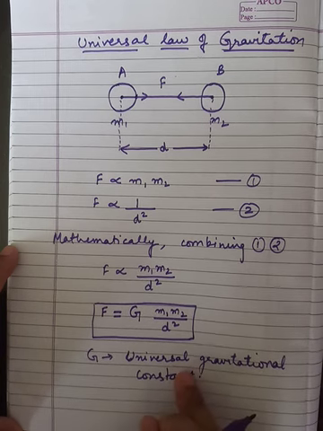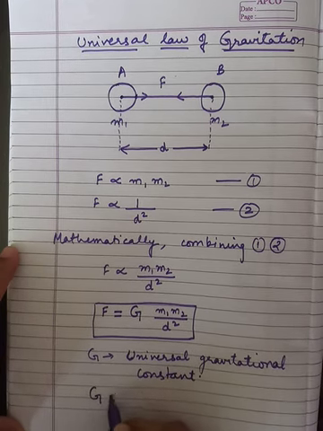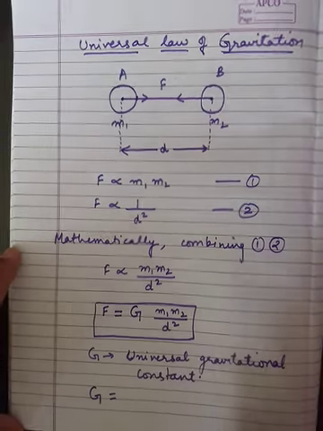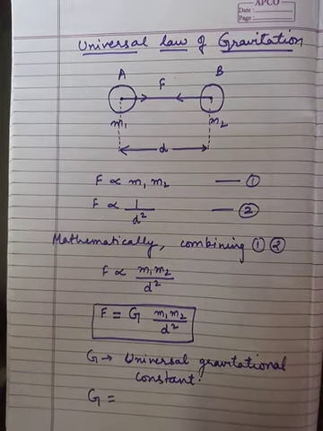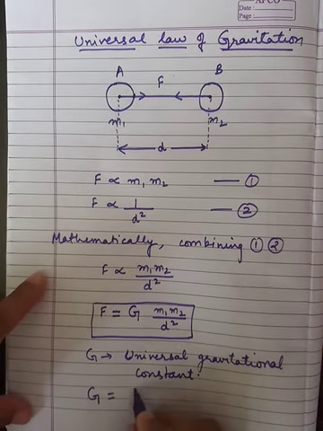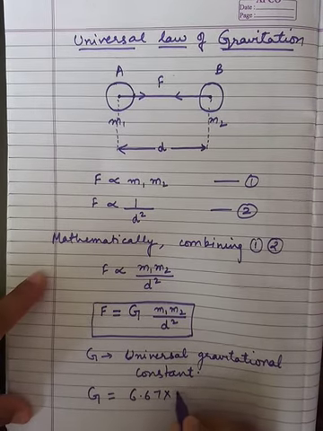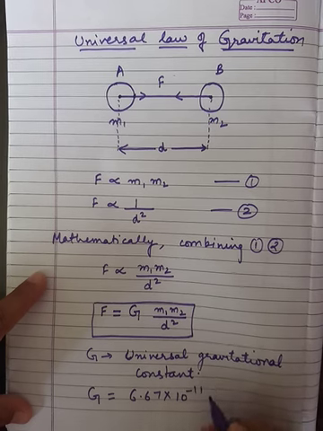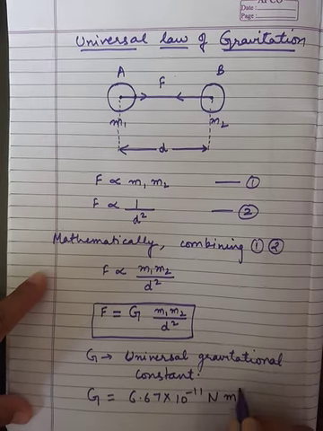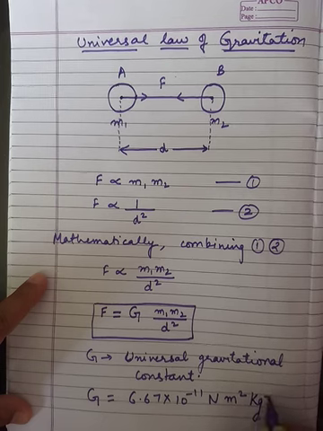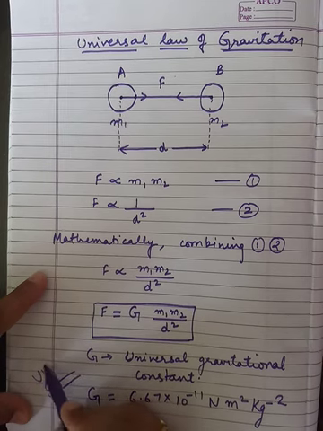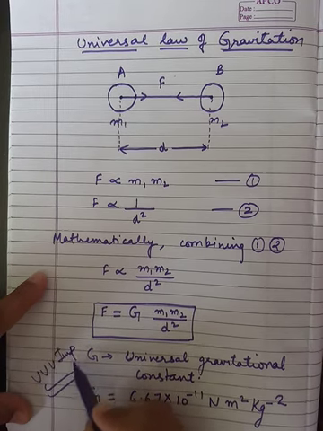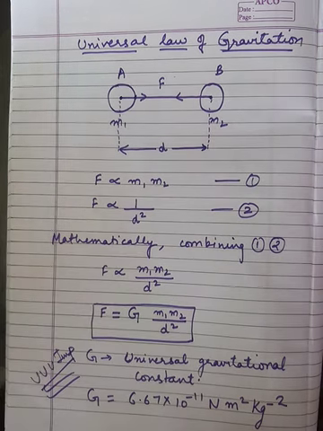Here it is not 1, here it has a particular value, and that value is given by experimental concepts, and this value is 6.67 multiplied by 10 raised to power minus 11 Newton meter square per kg square. This is the value of the universal gravitational constant. It is a very very important concept and a very very important formula.